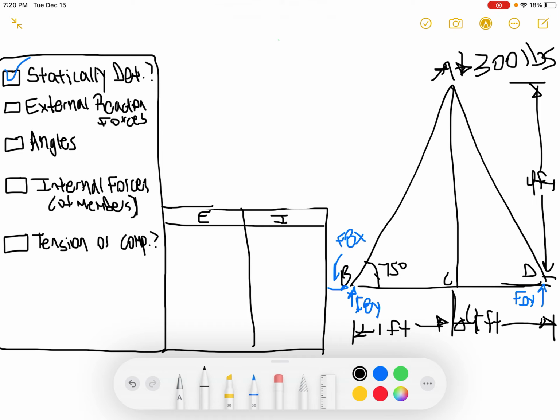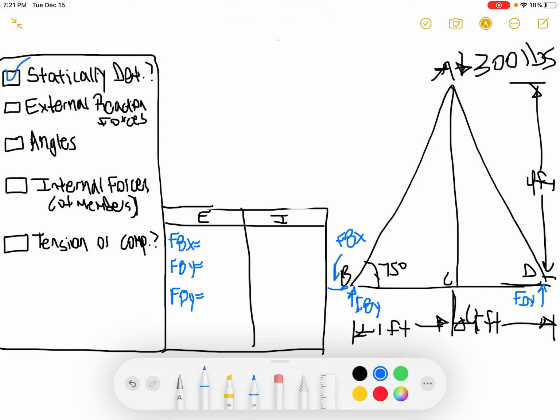We actually have to find out what values are FBX, FBY, and FDY. Since those are the external forces we're going to find, let's write them here: FBX, FBY, and FDY. What will they equal? Let's find out.